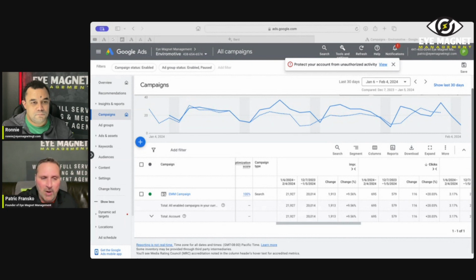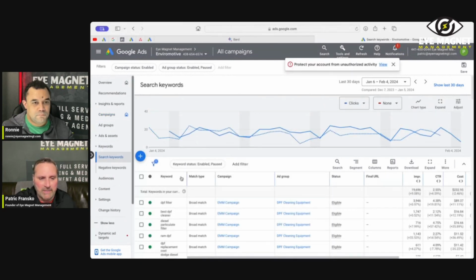All that being said, and I'm trying to click so that I could talk. Keywords is a big part of it. This particular client is in a very niche industry, so there's not a lot of overlap in keywords. You really want to grab any keywords you can that are related to their industry.